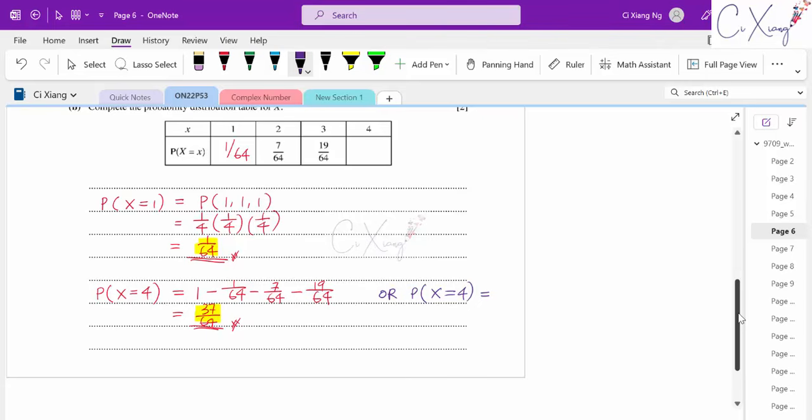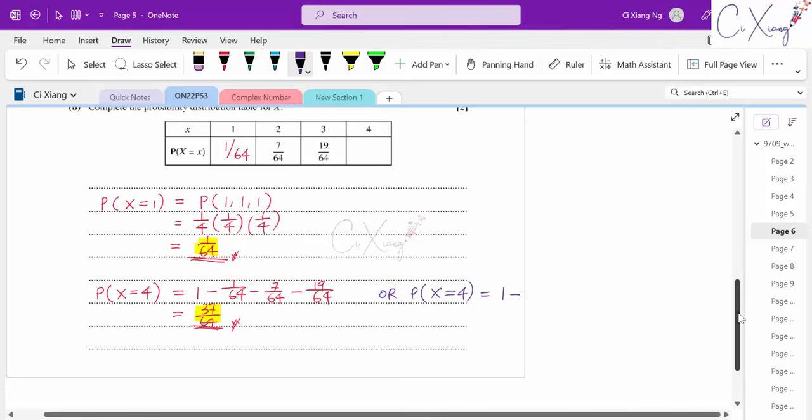So the easier way is to consider 1 minus the probability that no 4 is shown on all the spinners. Because if there's no 4 shown on any spinner, no matter what scores show, as long as it is not a 4, then the highest number is not a 4. Correct or not? So I will take 1 minus the probability of not showing any 4.